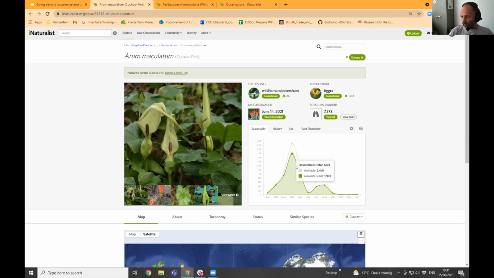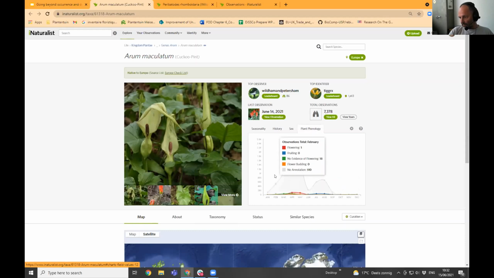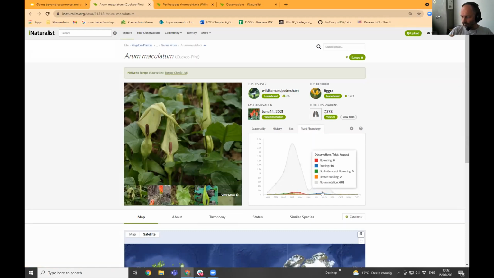This is an actual phenology of detectability of Arum maculatum. If I click on the phenology here, it should load the red lines down here when it's flowering, and the blue line is when it's fruiting, and you can see the separate peaks. But again, that's a combination of the detectability and the actual plant flowering or fruiting.